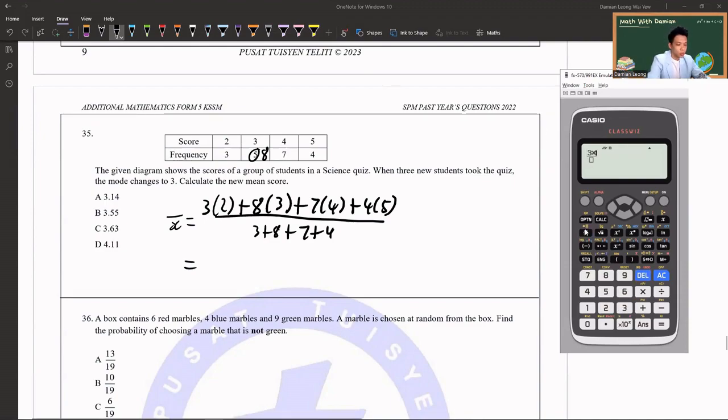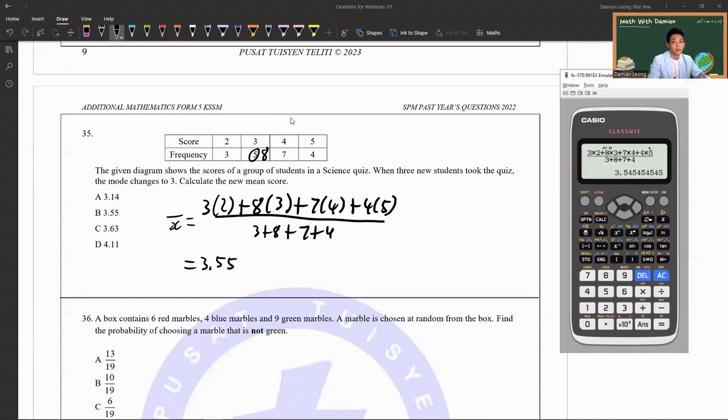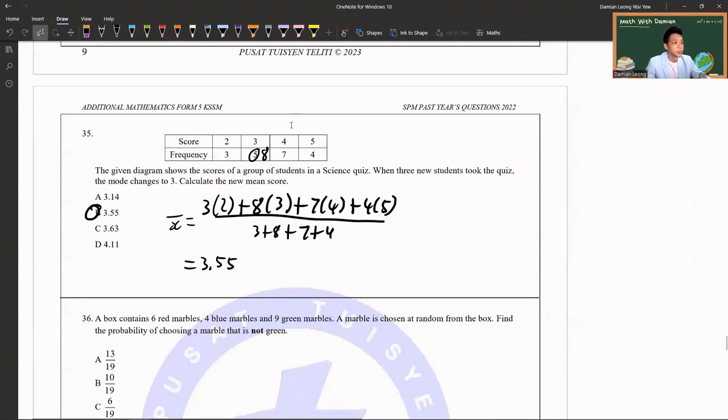In fraction form, 3 times 2 plus 8 times 3 plus 7 times 4 plus 4 times 5 over 3 plus 8 plus 7 plus 4, and we will get 3.545, so 3.55. Answer B.